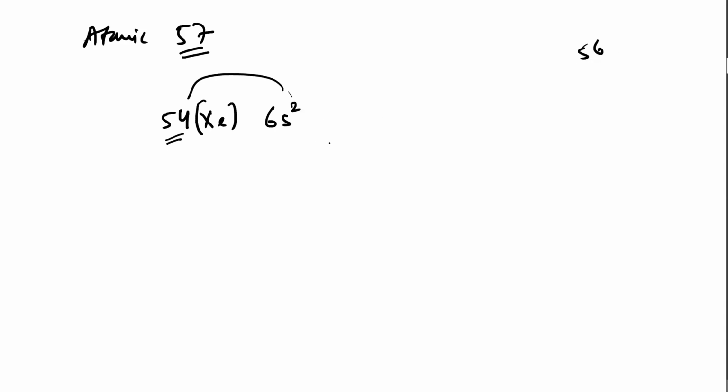And then it is going to have 5d1. Okay. But it also has 4f. Okay, 4f1 and 5d0. But in order to attain stability, this 57 is an exception here.